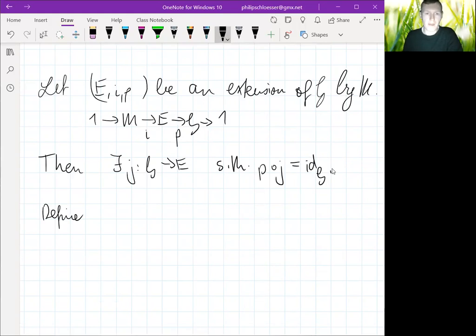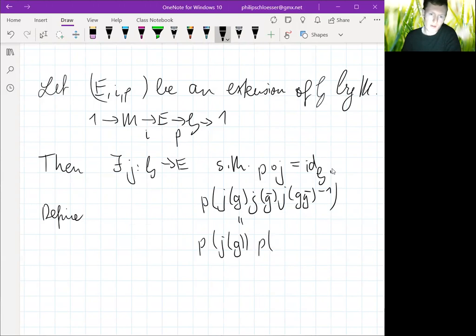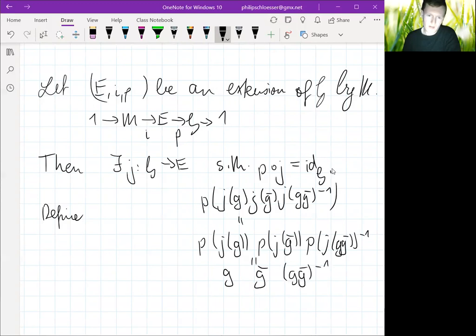And now we define omega of G and G bar. We can take J of G multiplied with J of G bar and then multiplied with J of G bar inverse. If we apply P to it, P is a group homomorphism, so it distributes, and we have P of J of G bar inverse. By the section property, this is just G bar inverse, so this is 1.